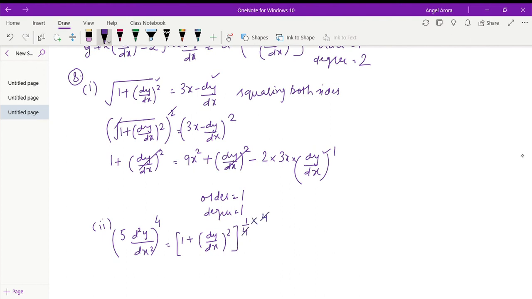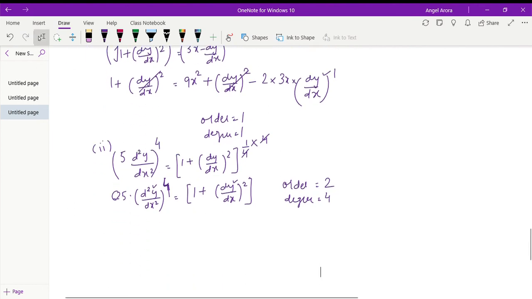So what do we get here? 5 raised to the 4 will be 625, and d square y upon dx squared raised to the 4. And here on the right hand side 1 plus dy upon dx squared. Now this is second order derivative, this is first order derivative. So order will be 2, and degree will be the power of the highest order derivative. So power is 4 here, so degree will be 4.